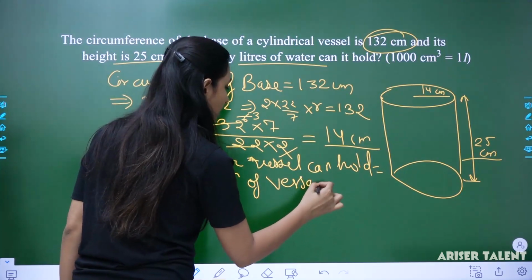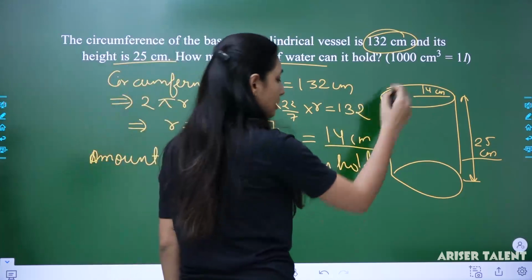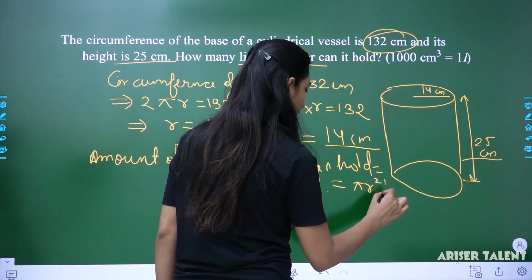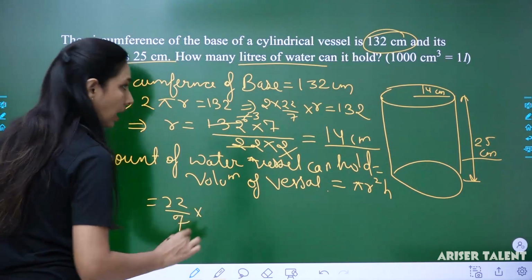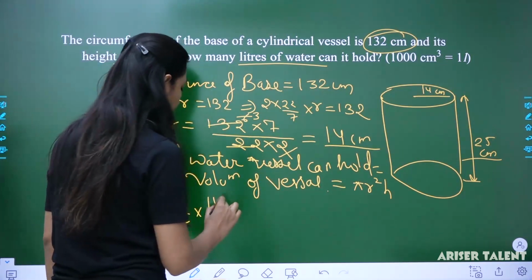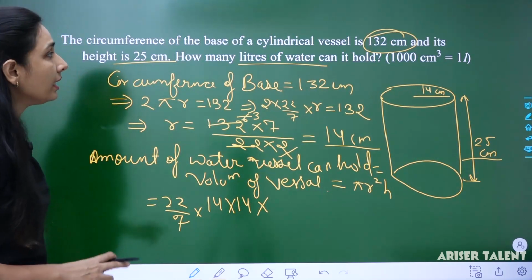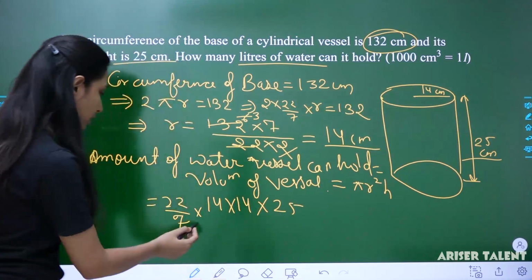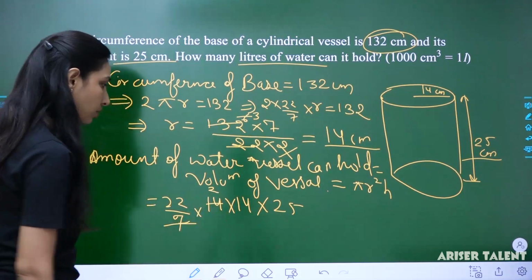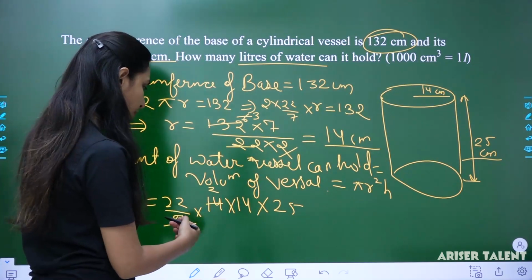Now, what is the volume of the vessel? The volume of the vessel is pi r square h. Pi is 22 by 7. R is calculated to be 14 multiplied by 14. Then h is given as 25. So cut it by 2, so that will be 50, isn't it? And that will be 44.